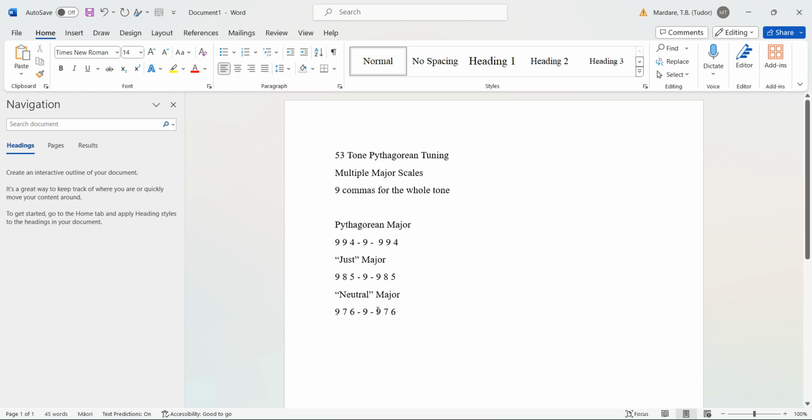We can get a more lower neutral major, for example. 9, 6, 7, 9, 9, 6, 7. So we get a lot of new options here with this type of tuning.